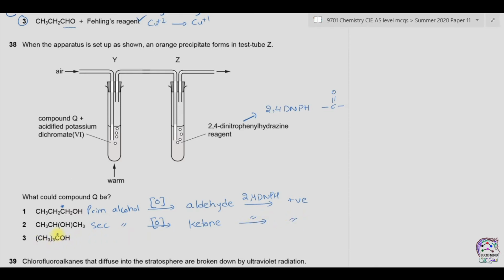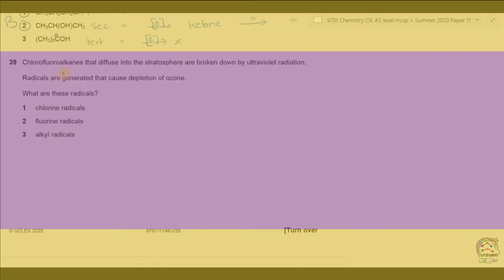Third one is alcohol in which carbon is attached to 3 carbon atoms directly, so this one is tertiary alcohol. The oxidation of tertiary alcohol is not possible, so therefore it won't give positive result with 2,4-DNPH. So only two options are there, 1 and 2, so therefore the answer is B.